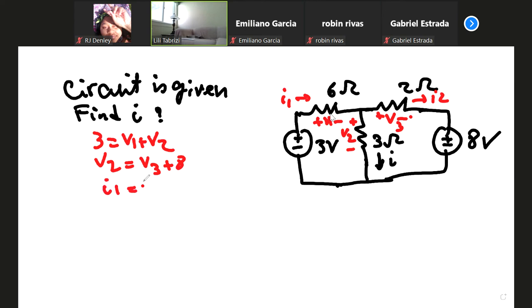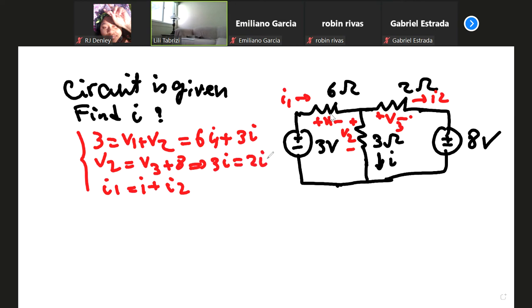I1 equal to I plus I2. Then you substitute V1 according to Ohm's law as 6I1 and V2 according to Ohm's law as 3I. And from here, V2 is equal to 3I, equal to V3, which is equal to 2I2 plus 8. And then you have I1 equal to I plus I2.